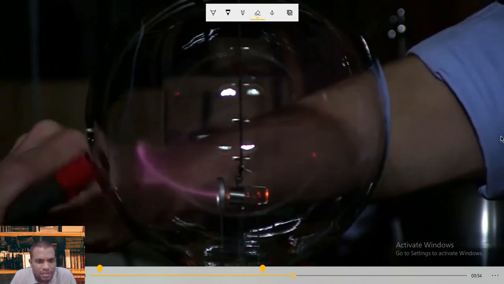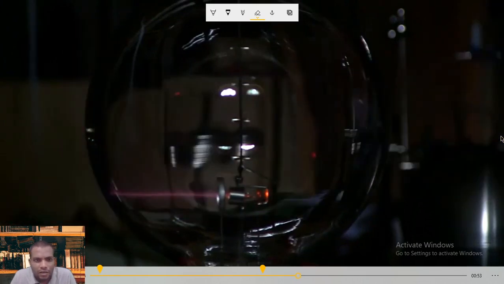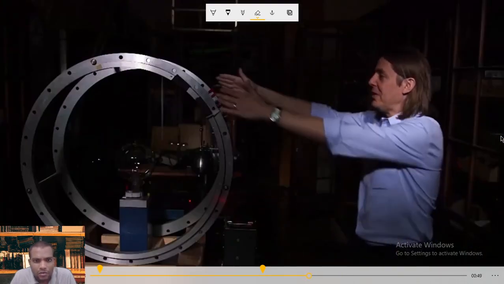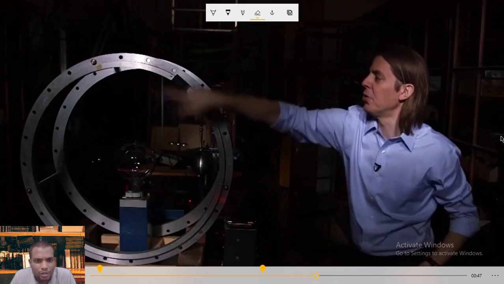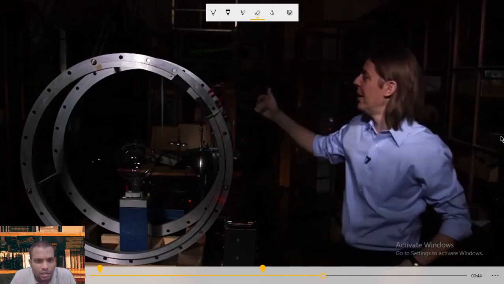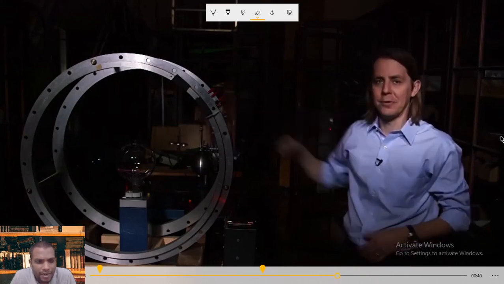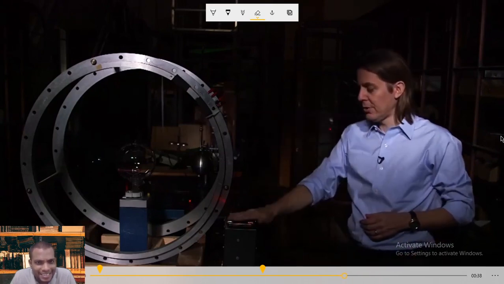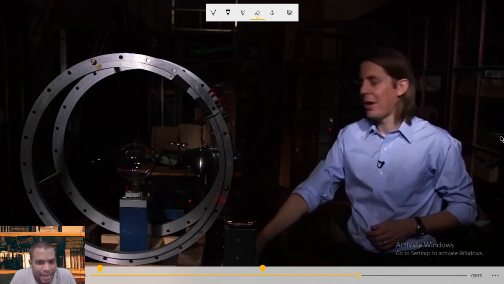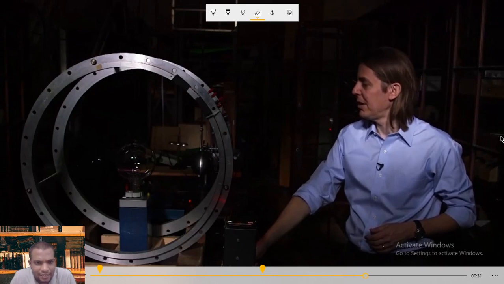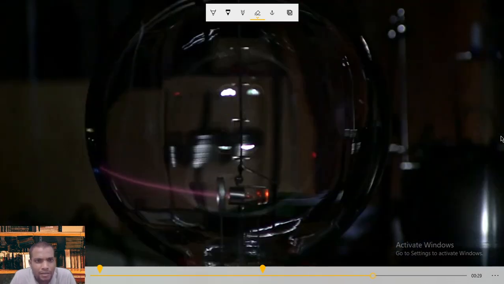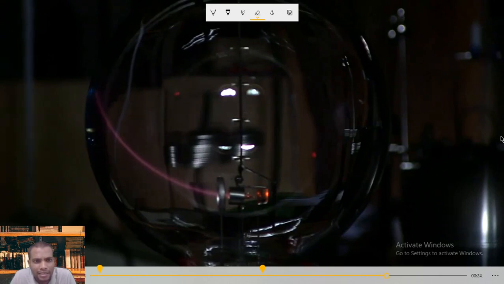Now if you take away this non-uniform magnetic field and switch on the uniform magnetic field, which is generated by these circular coils, there is a uniform magnetic field at the center, and the electron beam interacts with it. Let us see the path. Here you can see how the electron beam is bending.